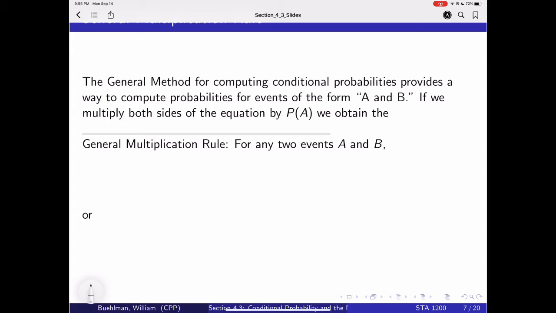The general method for computing conditional probabilities provides a way to compute probabilities for events of the form A and B. If we multiply both sides of the equation by the probability of A, we obtain the general multiplication rule.